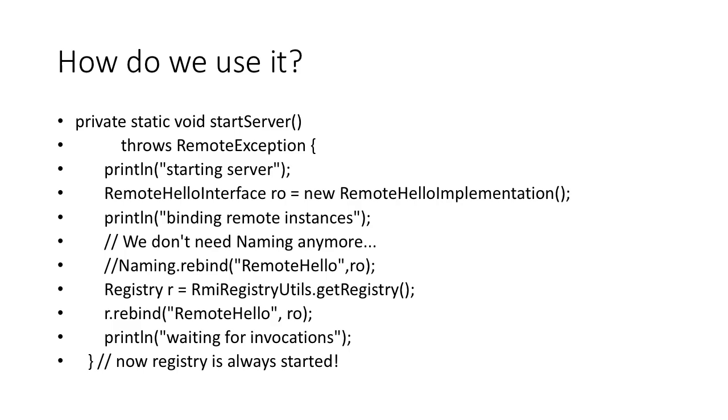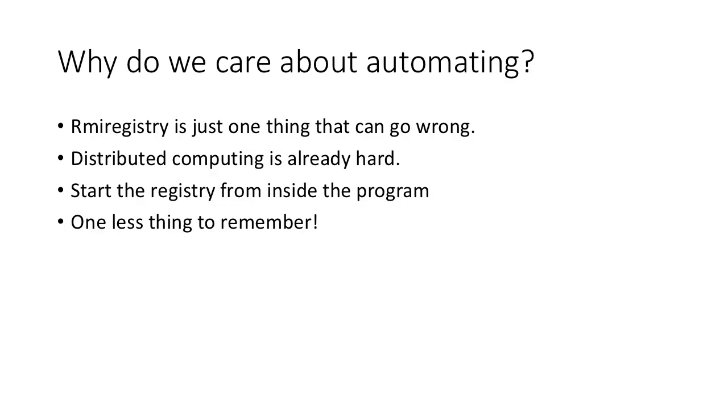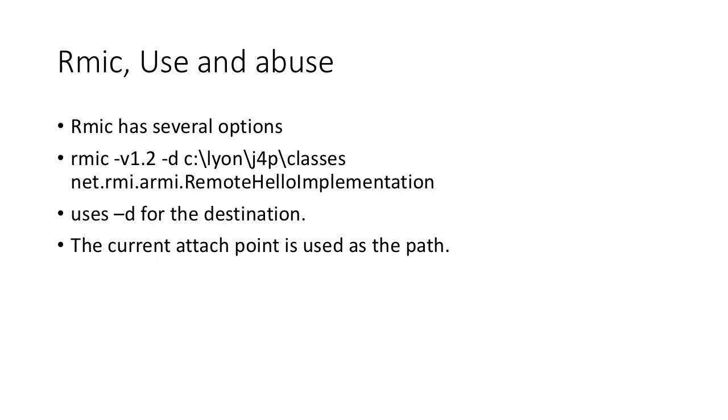And so now the registry is always started for us, just in case it has already been started. It won't restart it. And so automation is kind of important. It enables us to have consistency, makes distributed computing just a little easier. I know it's not supposed to be easy, but maybe we could just make it a little easier. And then we can start the registry from inside the program, and that's one less thing I have to remember.